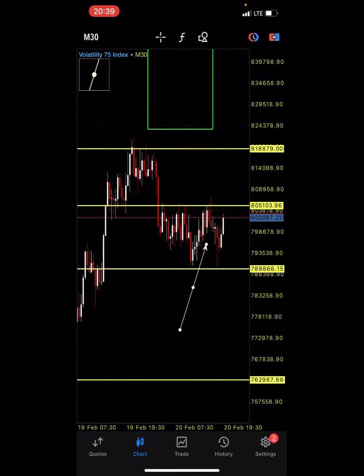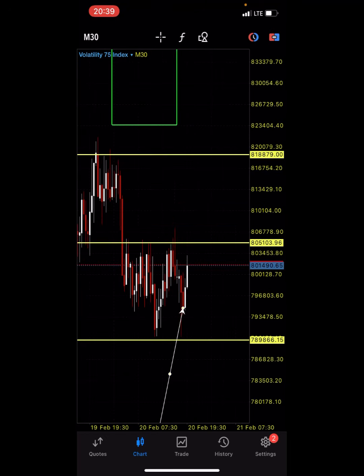Okay, so for those who love to scalp, you only want to look for selling opportunities if this price comes back and hits this zone. You only want to look for selling opportunities to the downside. And if you want to buy, you only want to look for buying opportunities when price hits this zone as support to the upside. Do not make a mistake seeing price at this zone right now and you want to buy immediately or you want to sell.